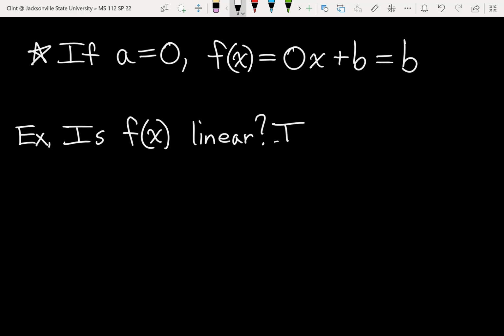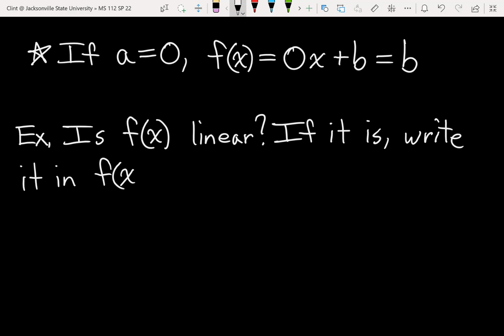And if it is, we can prove it by writing it in that form, that f of x equals ax plus b form. Okay.